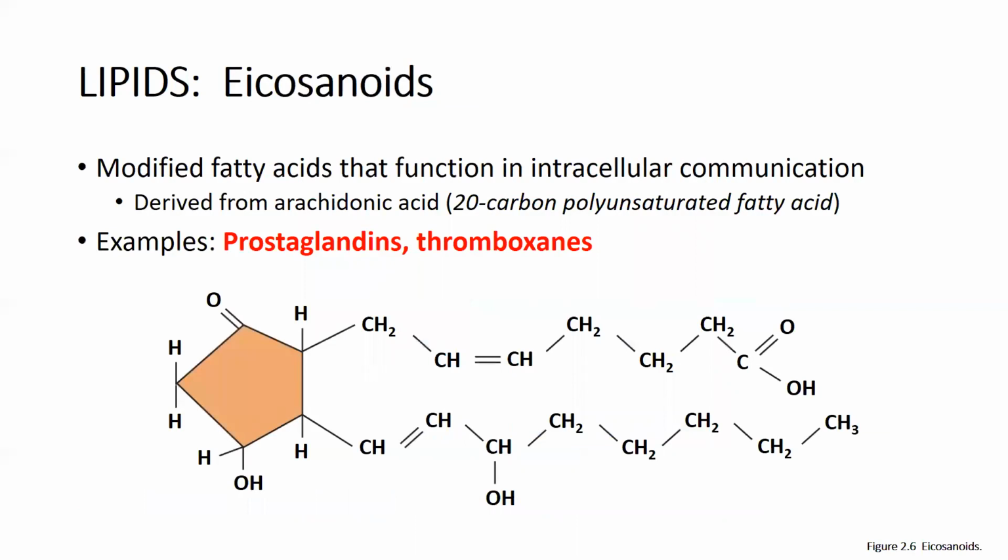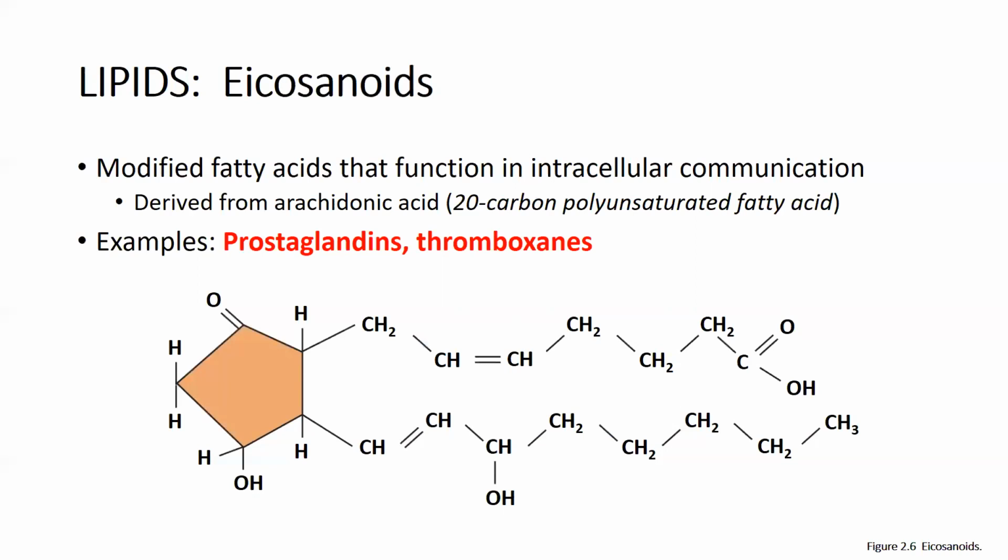Okay, let's move on. Eicosanoids. Eicosanoids are sort of a unique category. These are modified fatty acids. They're not very common in the body, but their function is in intracellular communication. So they help with cell signaling, which is how two cells communicate. They help in cells sending and receiving signals.